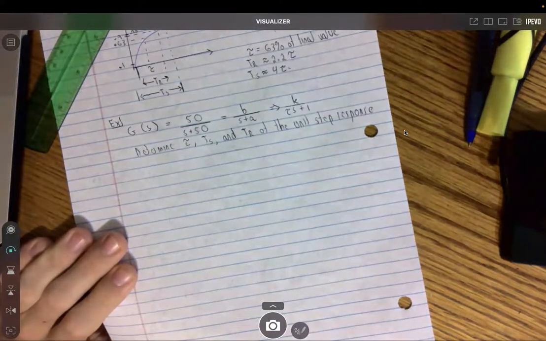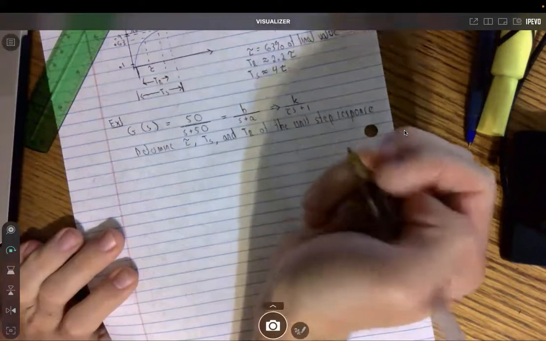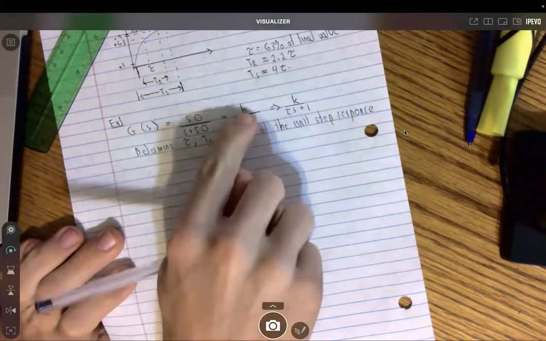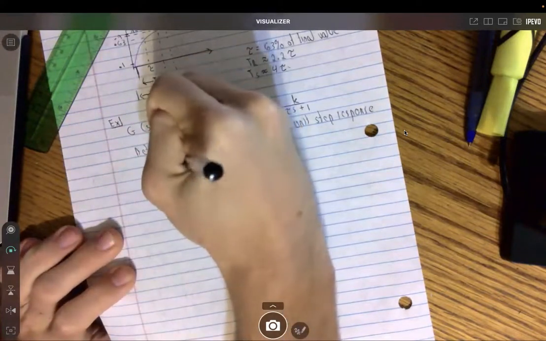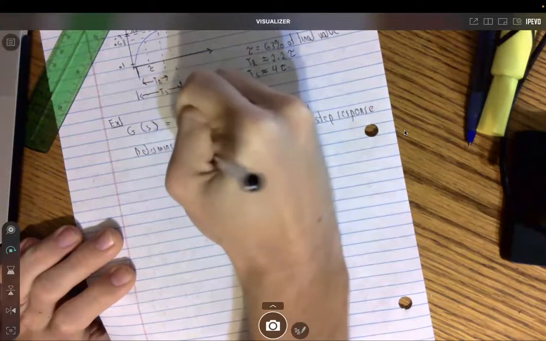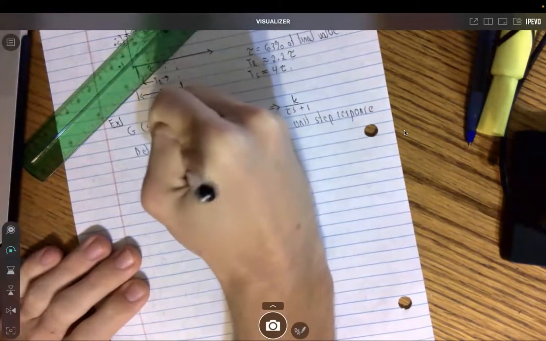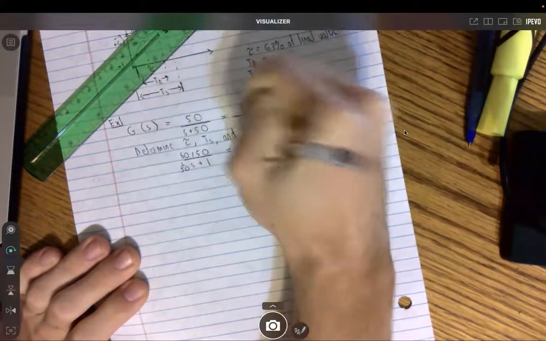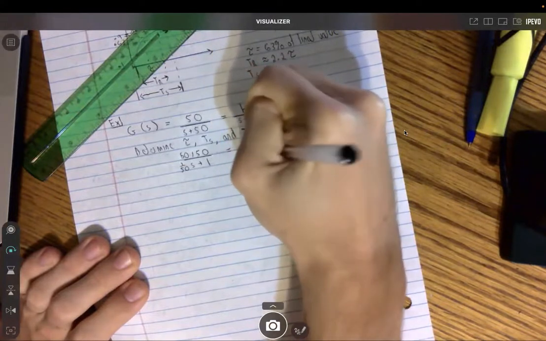If we're going to put it into this format, we divide everything by a, and a here is 50. So we have 50 divided by 50 all over 1 divided by 50 times s plus 1, which is just equivalent to 1 over 50 s plus 1.